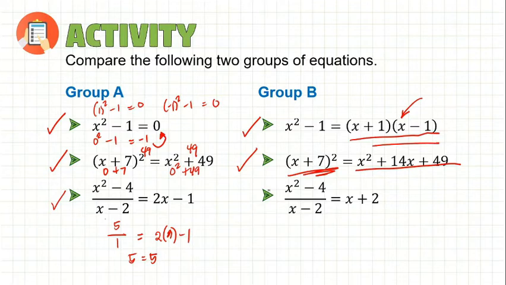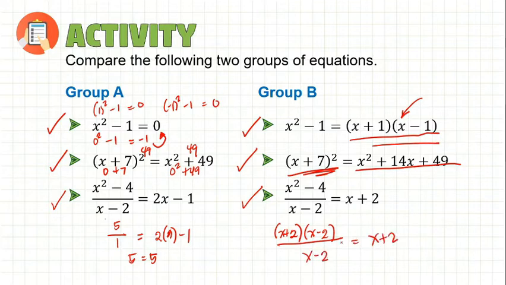For the third one, take note that the domain is the set of all real numbers except positive 2. Okay? And take note, x squared minus 4 is just equal to x plus 2 times x minus 2. Right? So we have over x minus 2 equal to x plus 2. In this case, x minus 2 will be cancelled out.